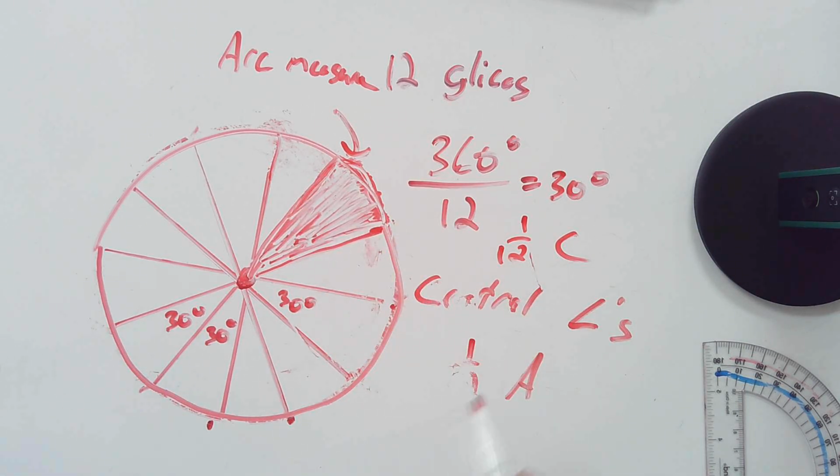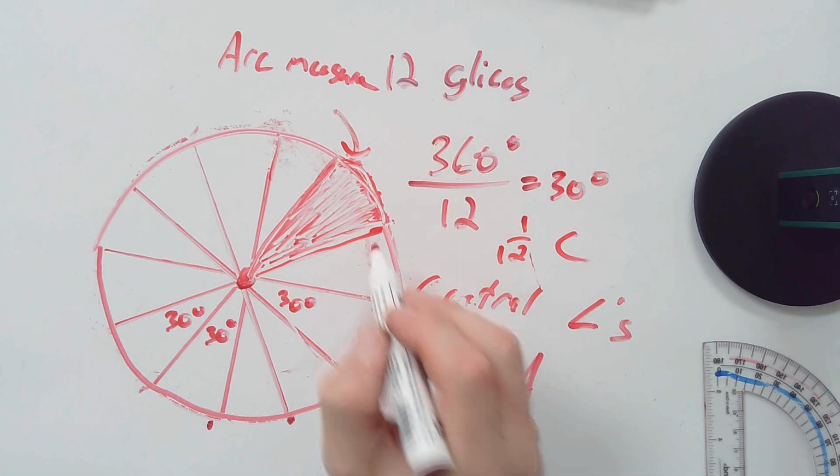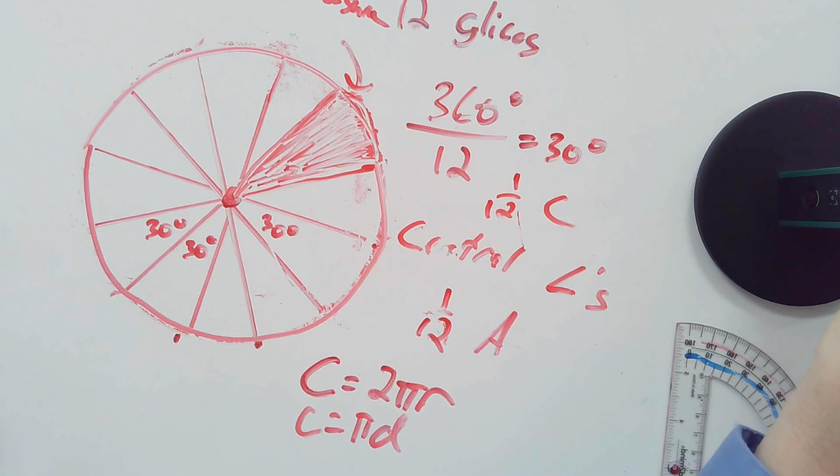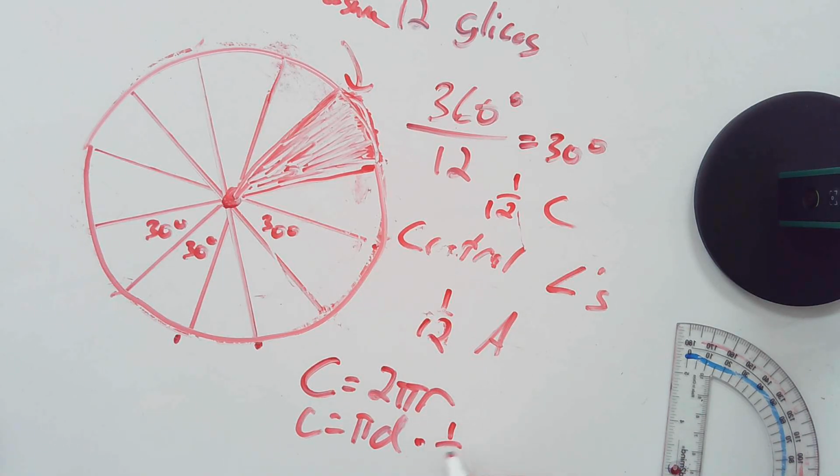To figure out the arc length, I use my circumference equation. Circumference equals 2 pi r, or pi times the diameter, and I multiply it by 1/12, or just divide it by 12. Either way works.